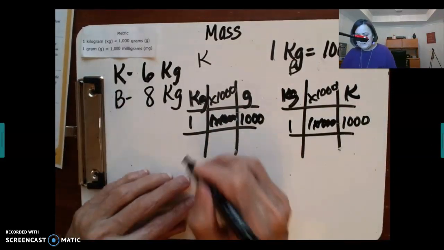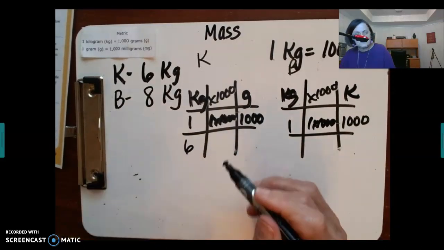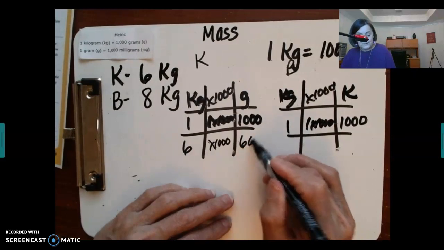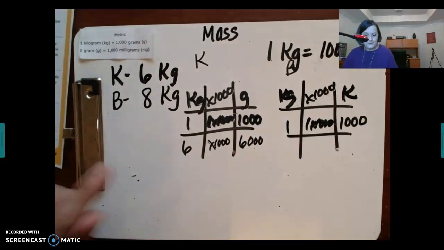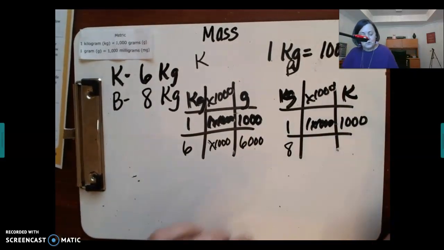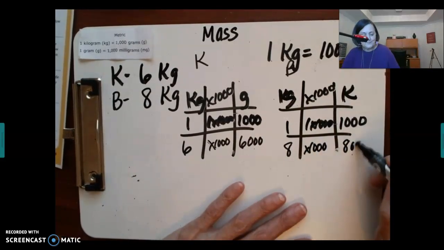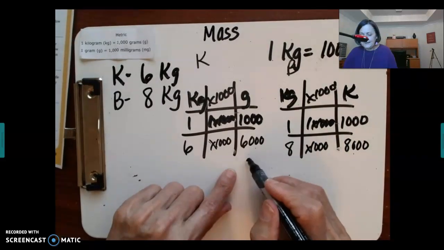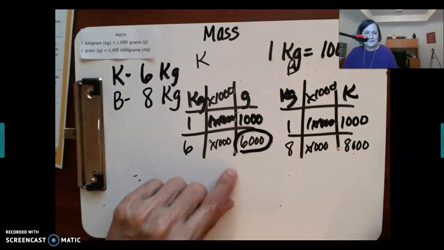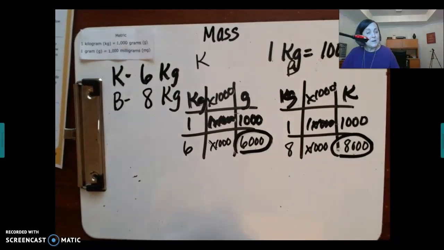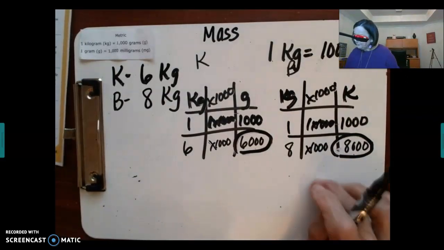And let's see, Kent's backpack was 6 kilograms. If you multiply that times 1,000, you should have gotten what? 6,000? Okay. And if you multiplied 8 times 1,000, you would have gotten 8,000, right? So we know that Kent's backpack is 6,000 grams and Brent's backpack was 8,000.